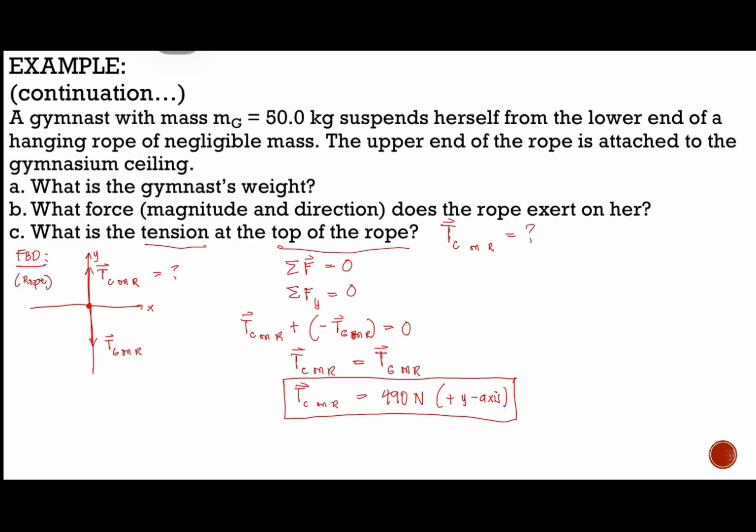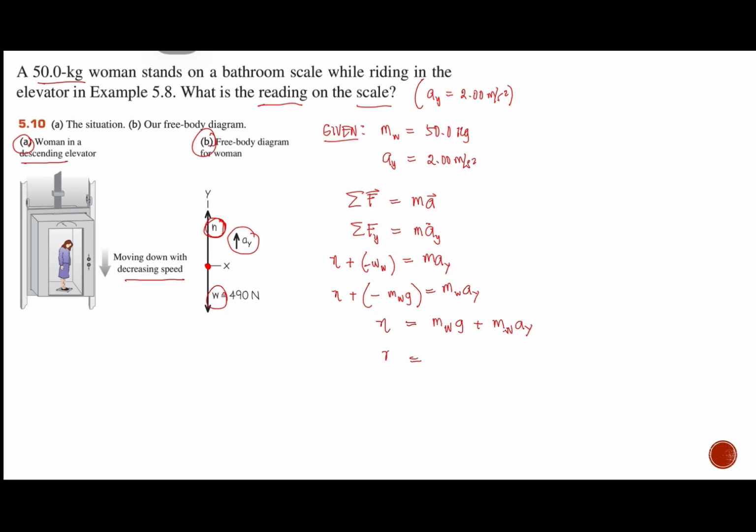We have a variable in common, which is the mass of the woman, so pwede nato siya i-factor out. Mass of the woman times g plus a sub y. But if dili mo ganun mag-factor out, it's still okay. You can still arrive at the same answer.